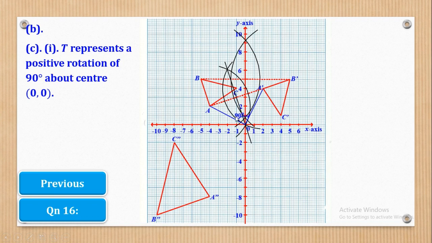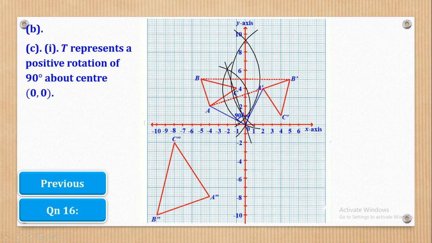But the question is, is the rotation positive or negative? For you to know that, you have to remember that a positive rotation is in a clockwise sense, and a negative rotation is in an anti-clockwise sense. In this case, our angle of rotation is in a clockwise sense, because A is here and A prime is here.